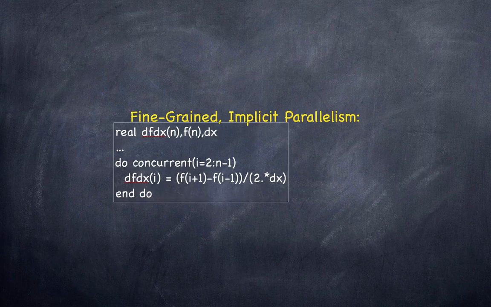What's significant about the do concurrent construct is that it enables us to communicate to the compiler the opportunity for concurrency, but allowing the compiler to decide how to exploit that opportunity, or possibly to not exploit it at all. Depending on the hardware that's available or the compiler that you're using, you might end up with vectorization. You might end up with multi-threading.